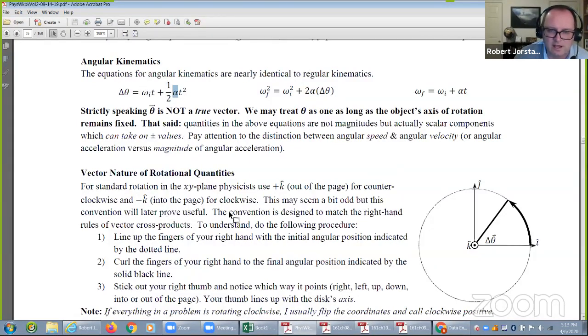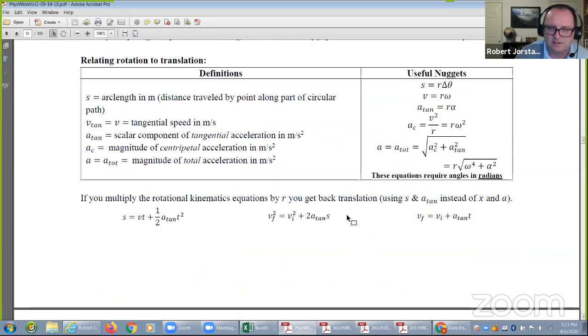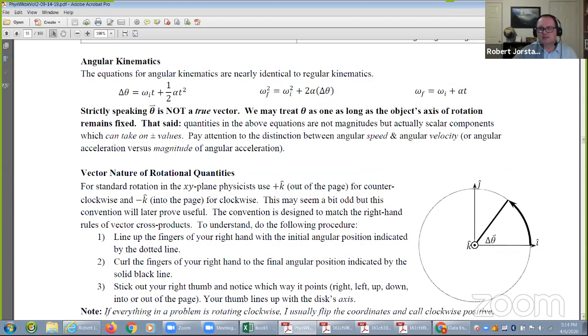That's this equation. And you could do the same thing for these other ones. So if you want to talk about an object as it translates around the edge, you could use these equations. If you want to talk about an object as its angle rotates, you could use these equations, and they're equivalent. They're related by a single multiplicative factor of R. Whew, that's a lot of stuff there.